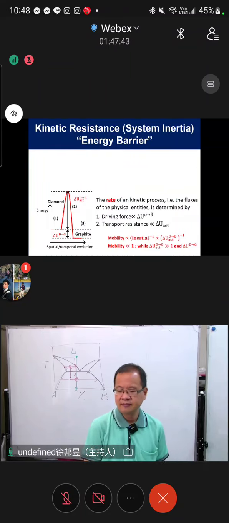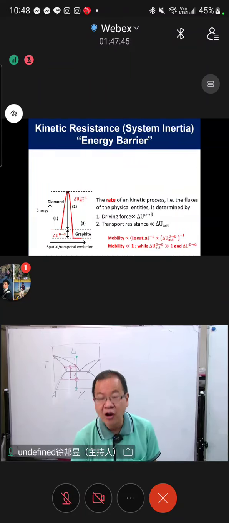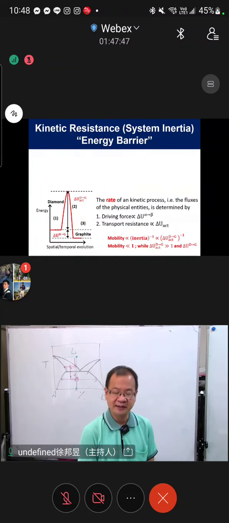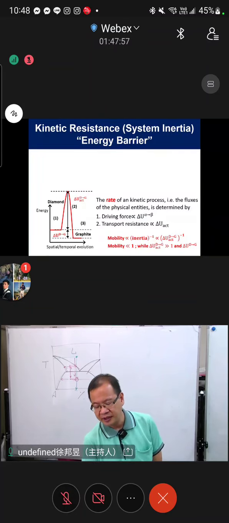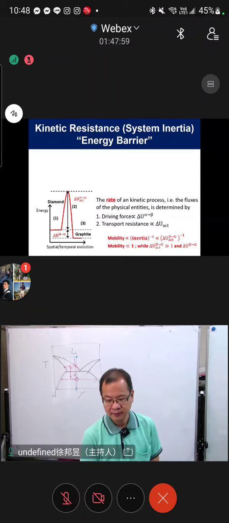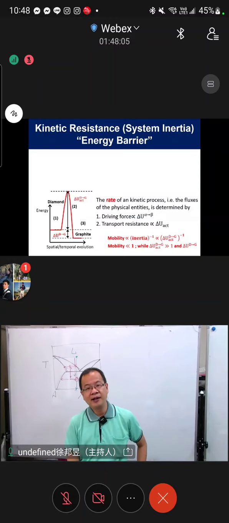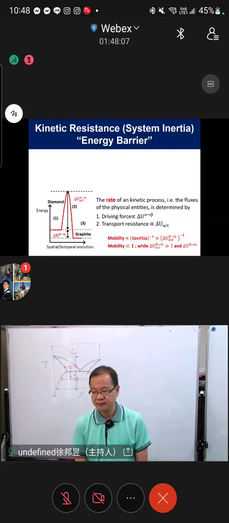Then let's take diamond as an example. Diamond is a very classic example that teaches you kinetics. Based on this page, the bottom left corner, diamond is in state 1, and graphite is in state 3. Clearly, diamond has higher energy than graphite.